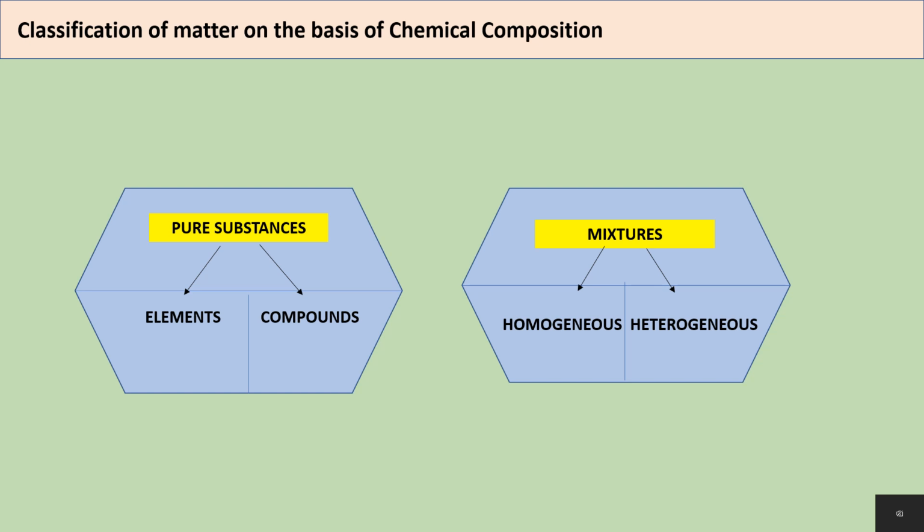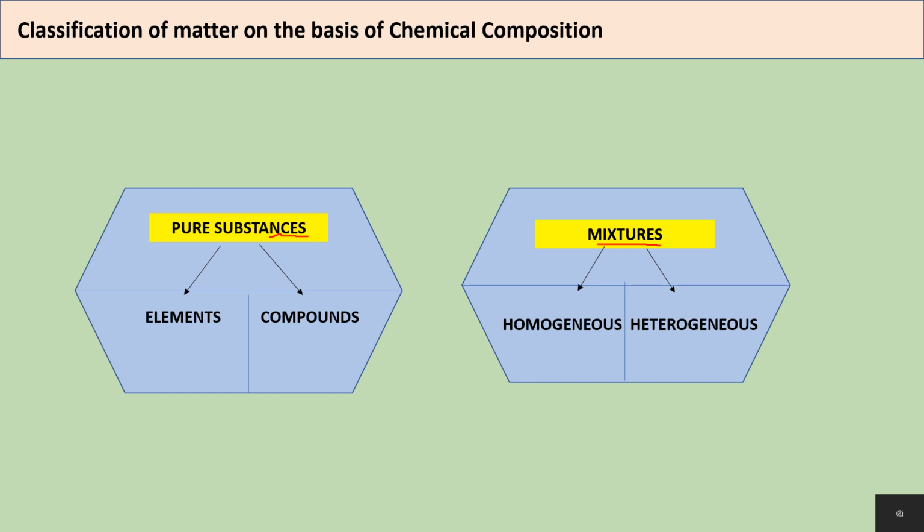On the basis of chemical composition, matter is classified into two types: pure substances and mixtures. Pure substances are substances that contain only one type of particles or single type of matter. Mixtures, on the other hand, contain more than one type of pure substances.